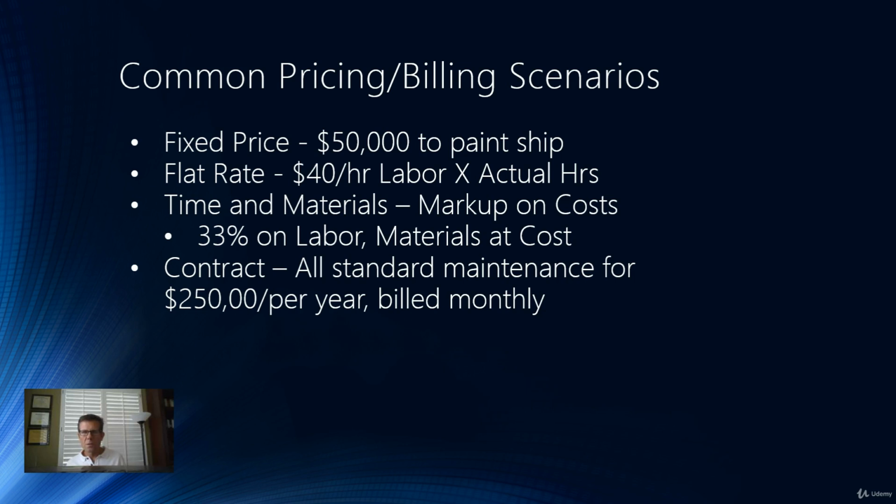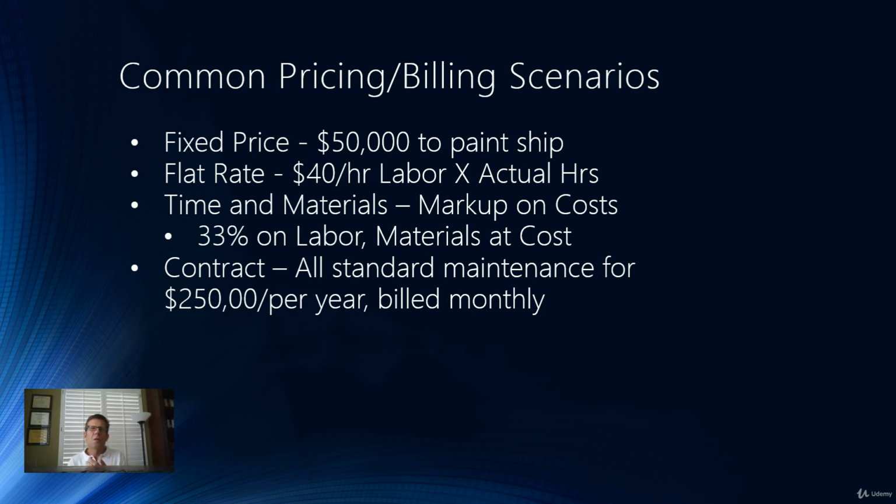Time and materials is a little bit different in that you do a markup on the costs. And there's even further scenarios on that, whether you're using a standard cost or somebody's actual pay rate. But to keep it simpler, time and materials, a markup on costs. So in this example, we're saying a 33% markup on labor and materials at cost.